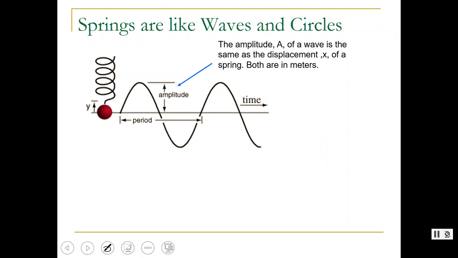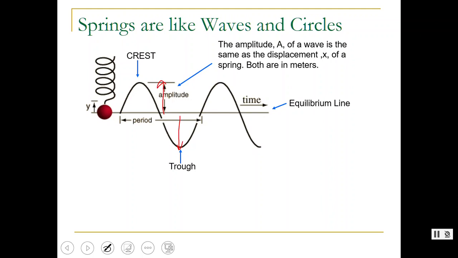The amplitude is essentially the displacement from equilibrium. So you need to have an equilibrium line, which is in here somewhere. There it is, your equilibrium line. Whenever you hang the mass on the spring, we usually set that to essentially be displacement equals zero. And then your amplitude would be the displacement from that, either up or down.